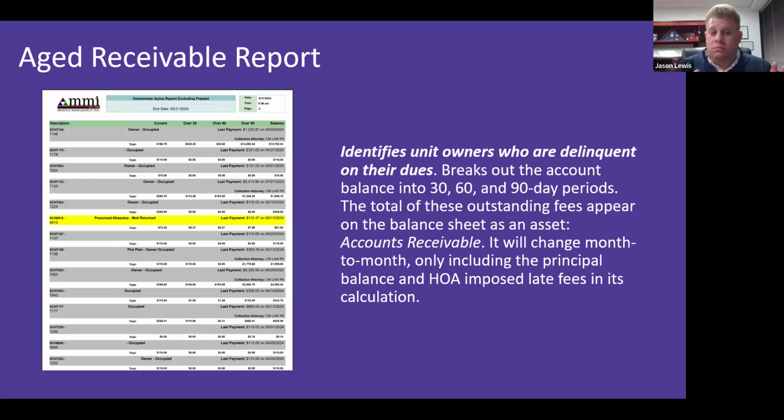So for most of our associations who have a pretty set collections policy, once an account leaves management and is referred to the attorney, the charges that are incurred for legal expenses that can, and that's a key word, can be charged back to the particular homeowner, will no longer appear on the aged receivables report.